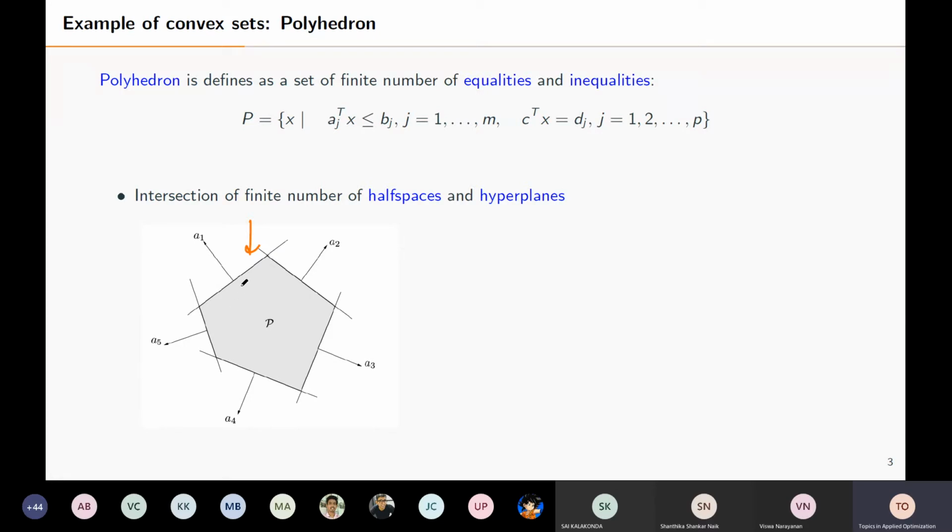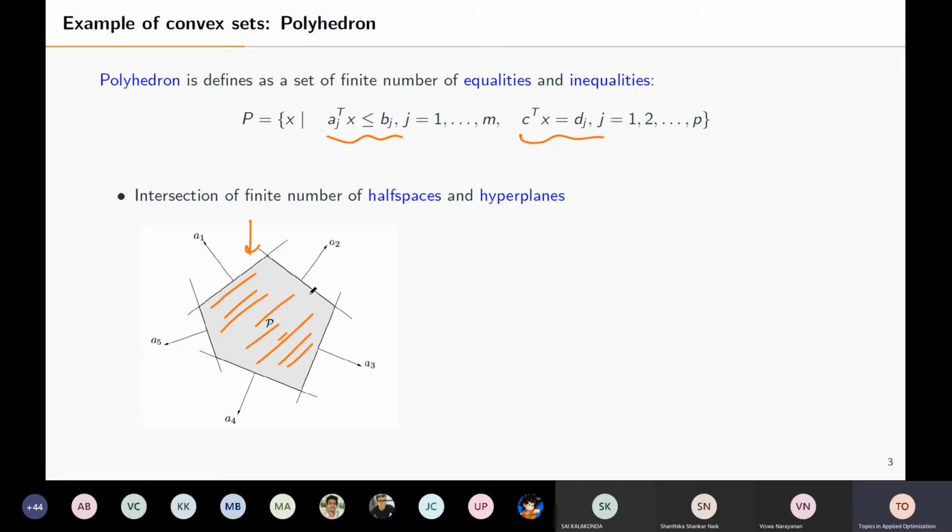So what do you think in this case? How could you have obtained this by using half spaces and hyperplanes? How many half spaces do you have to intersect to get this shape? By this shape I mean there's something inside also.